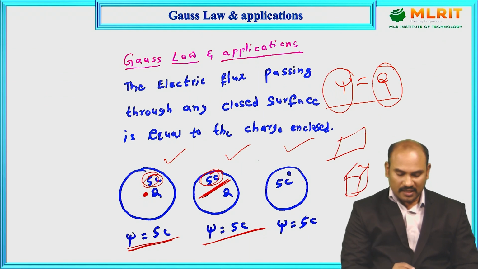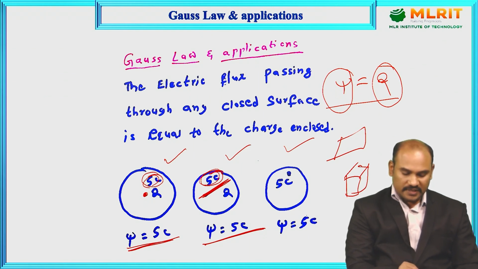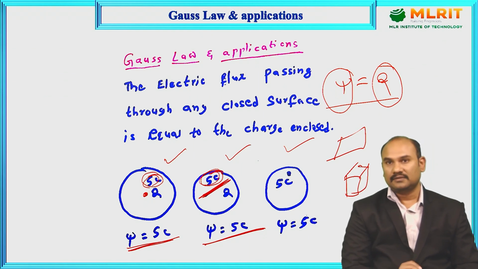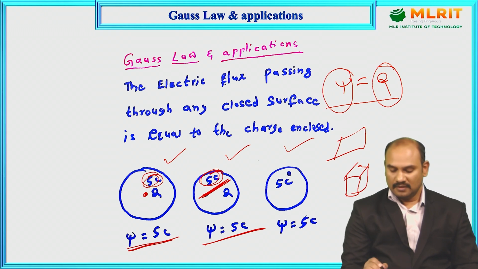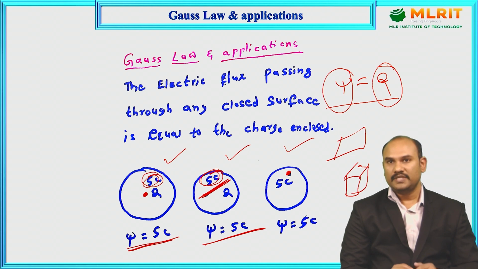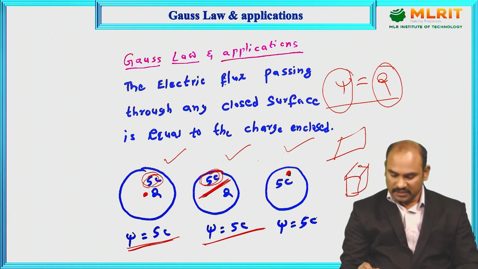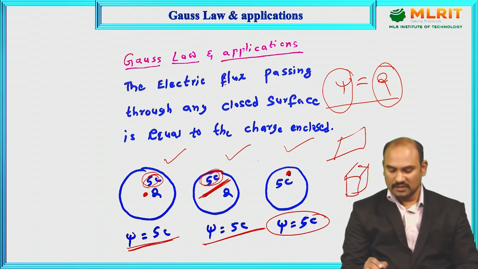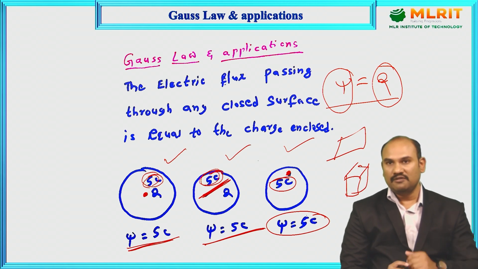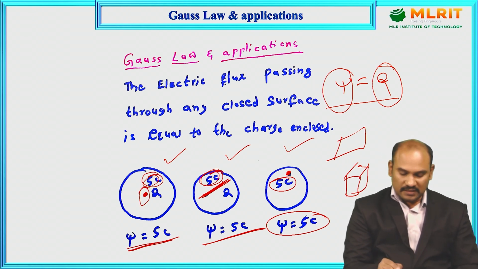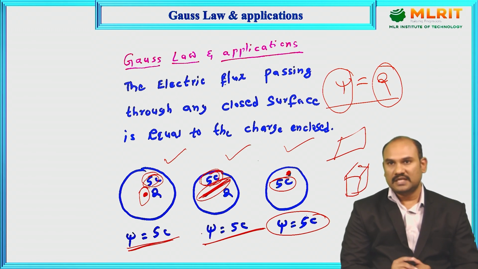In the first diagram you have the point charge at the center of the closed surface. In the third diagram, you have this point charge on the top of the closed surface. The location has changed, but still the flux is 5 coulombs because charge is 5 coulombs. So what can you infer from these three diagrams? If you change the type of charge configuration, the flux has not changed.